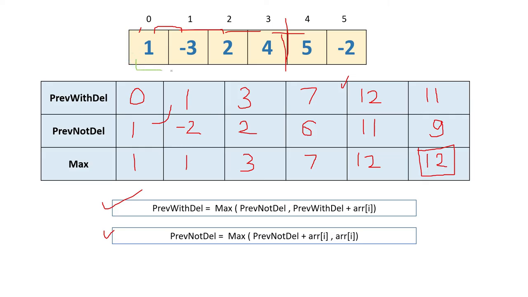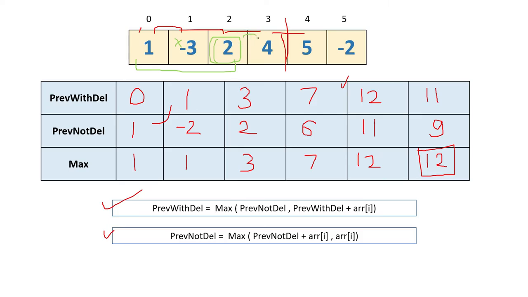We are talking about this part, and it is true also, because if I delete this one, then the value we are getting is 1 plus 2, 3. And if we don't delete anything, what will be the max value we can get out of this part? That is 2, because from 2 we can do a fresh start of the array. We will not take 1 and minus 3.